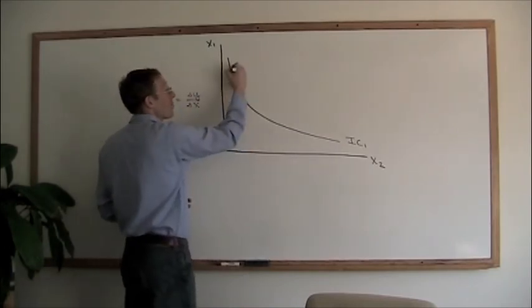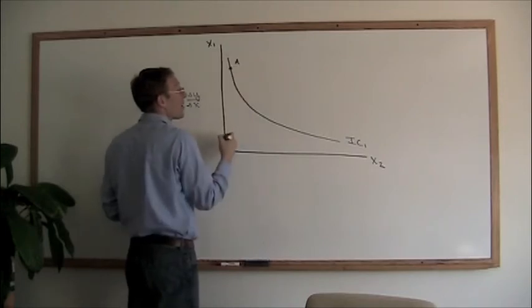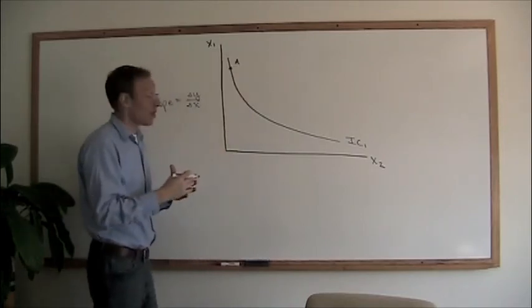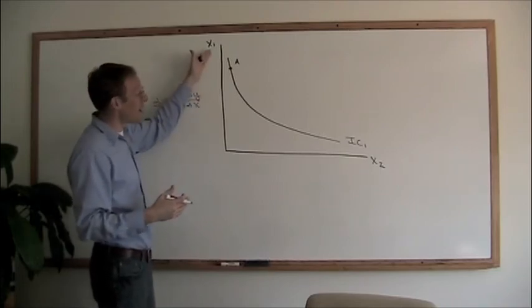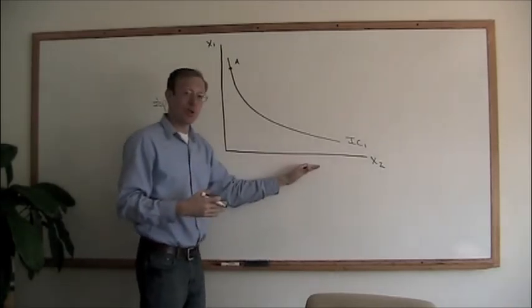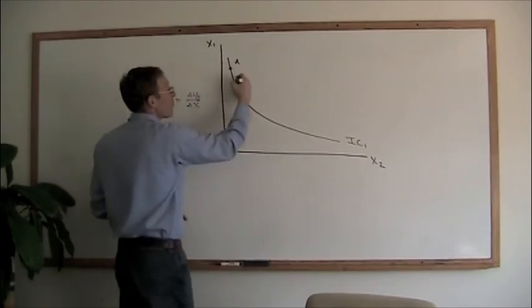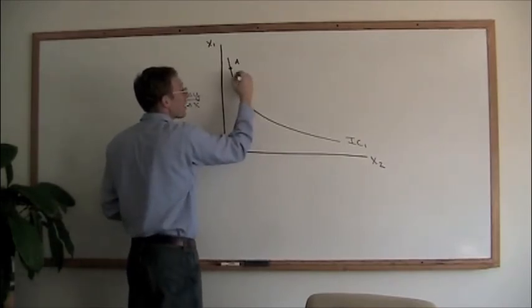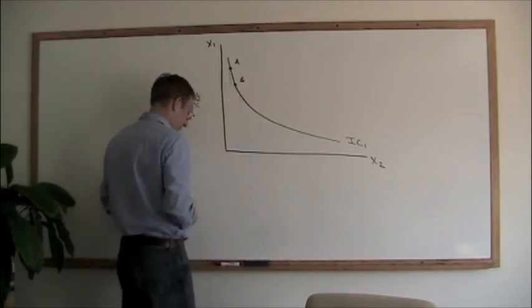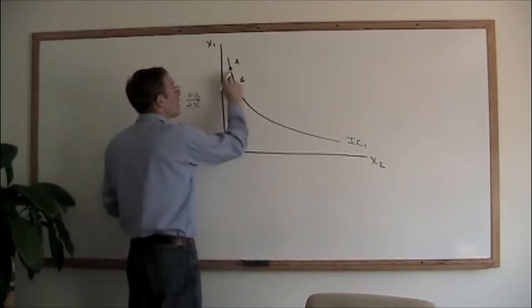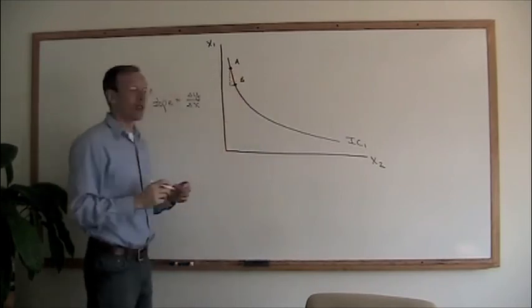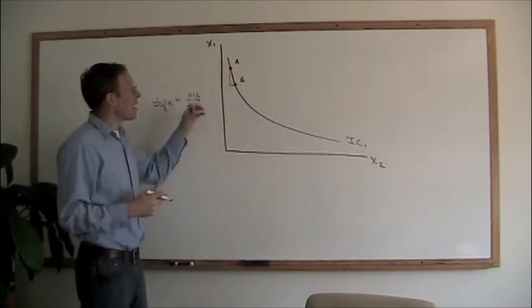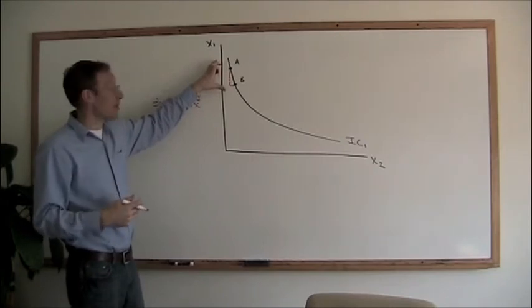Up here, for example, we'll call this point A. In order for you to make a trade-off between x1 and x2, let's say we move from point A to point B, well, the delta y compared to the delta x is really big. And the slope here is really steep.